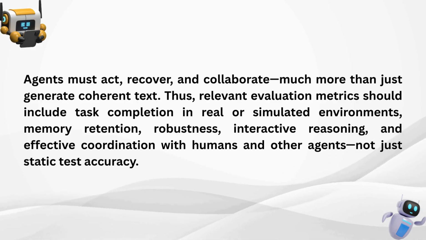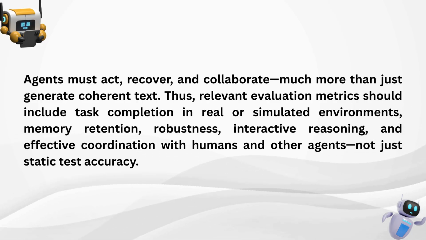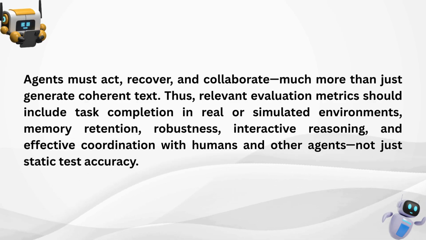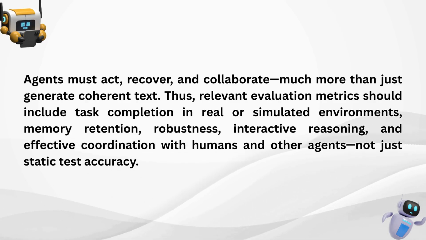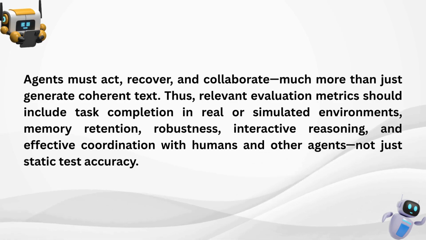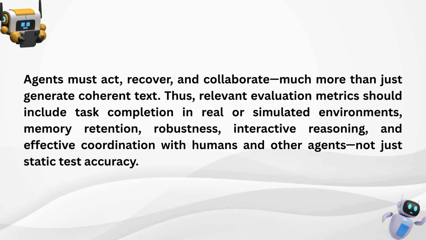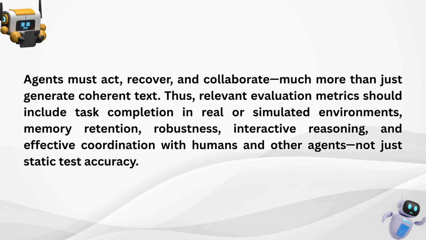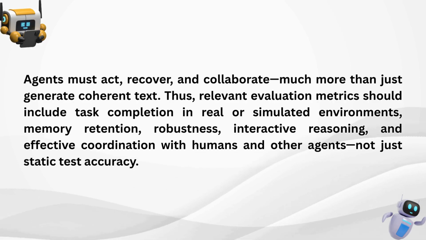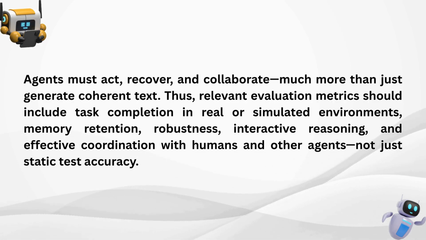Agents must act, recover, and collaborate, much more than just generate coherent text. Thus, relevant evaluation metrics should include task completion in real or simulated environments, memory retention, robustness, interactive reasoning, and effective coordination with humans and other agents, not just static test accuracy.